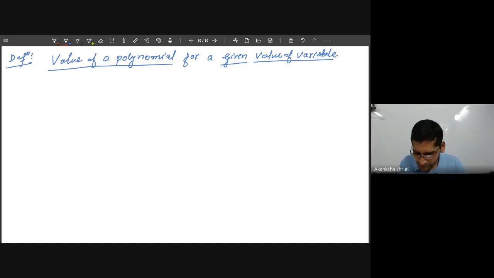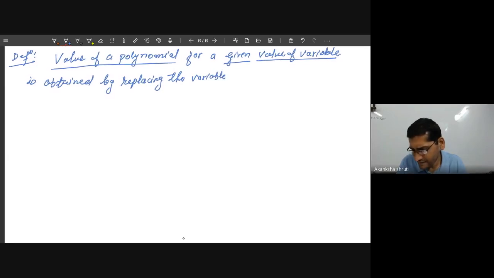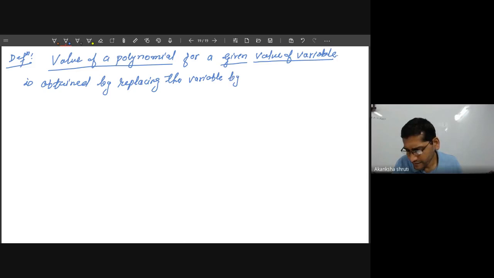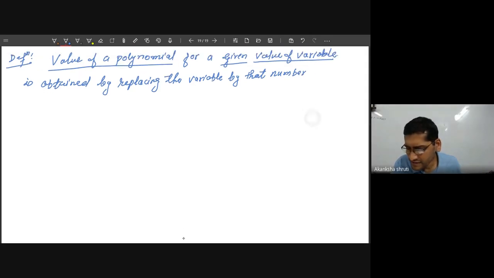So therefore, the value of a polynomial for a given value of variable is obtained by replacing the variable by that number and simplifying it.